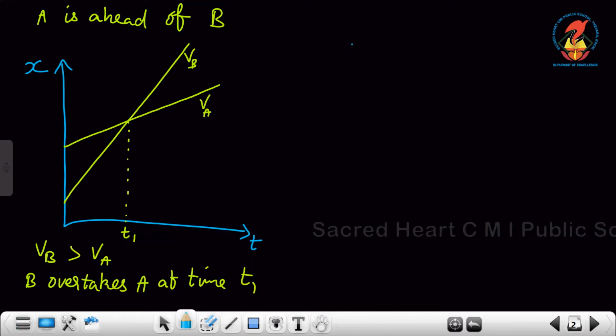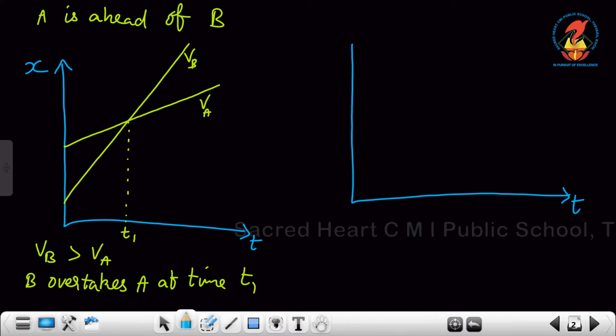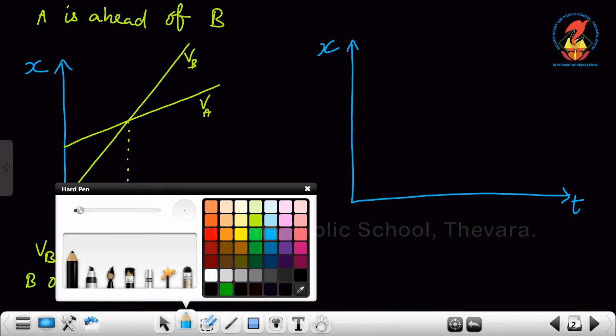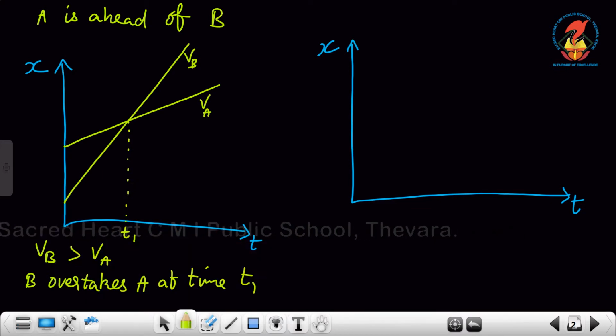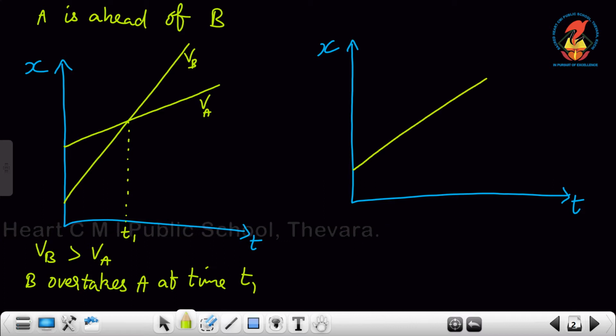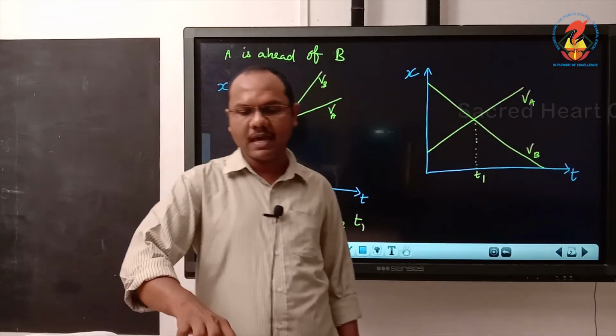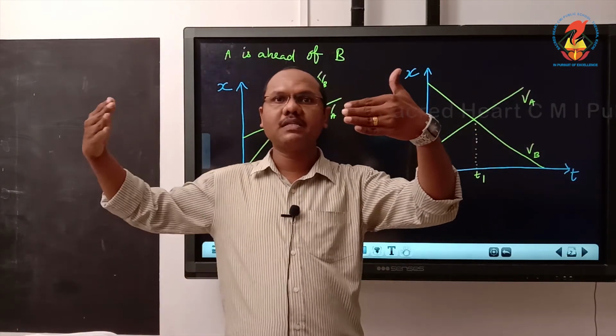Okay, now look at the last graph. This is time, this is the speed. A is moving like this, B is moving like this. Both of them are approaching each other. That means if A is moving in this direction, B is coming in the opposite direction.